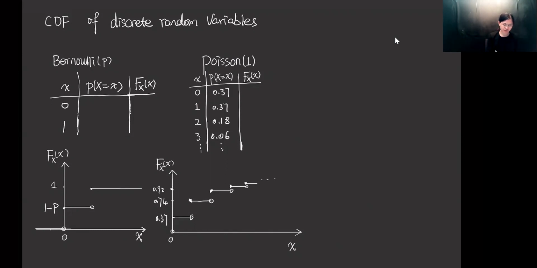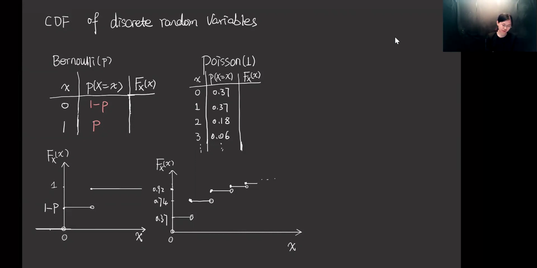If X is Bernoulli p, then X could take two values, 0 and 1. The probability that X takes the value 0 is 1 minus p. The probability that X takes the value 1 is p. And based on this distribution, which is also called the probability mass function, we can figure out the cumulative distribution function. So the CDF at x equals 0 is the probability that X is less than or equal to 0.